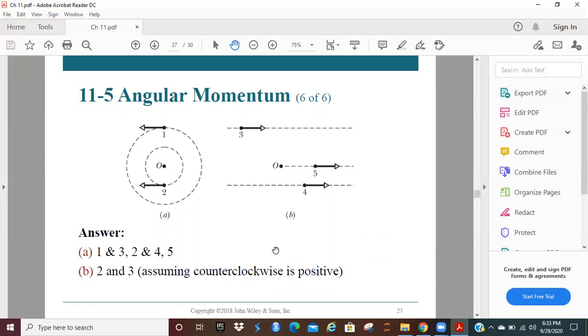So the ones that are going to have the maximum perpendicular distance away from your axis of rotation are the ones that are going to have the most angular momentum. And in this particular problem, that's going to be, of course, 1 and 3.